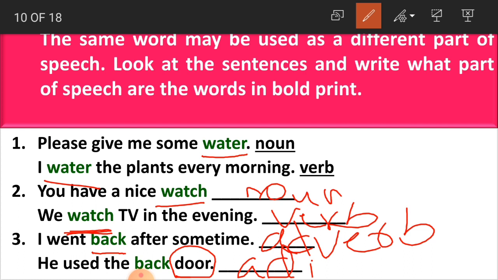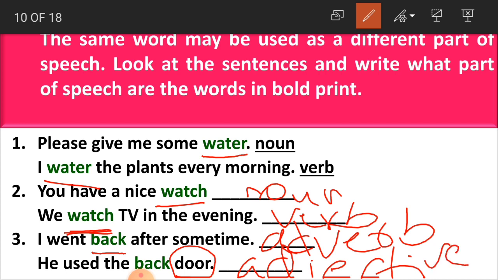And this door here is a noun. Which door it was? It was the back door. So we are describing that door, that it was the back door. So that's why back becomes adjective here. Clear, children? This is adjective.